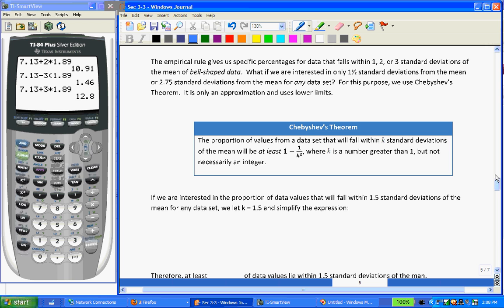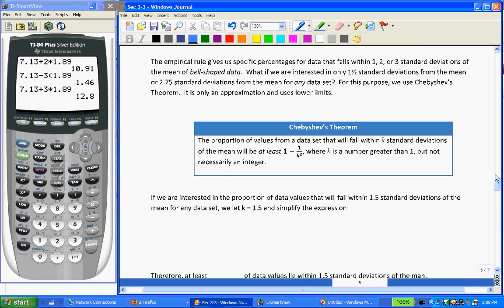Now the empirical rule gives us those specific percentages for data that falls within 1, 2, or 3 standard deviations of the mean, but the data has to be bell-shaped. What if we're interested in only 1.5 standard deviations from the mean, or 2.75 standard deviations from the mean for any data set? For this purpose, we use Chebyshev's theorem.